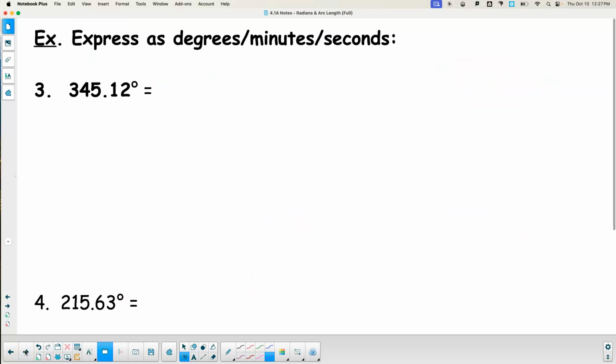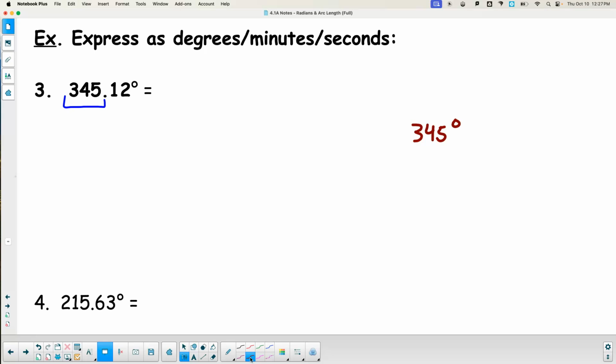Going the other way then. So now it's in a decimal degree, and I want to convert it to degrees, minutes, and seconds. So once again, the whole number part gets locked in. So that's 345 degrees.